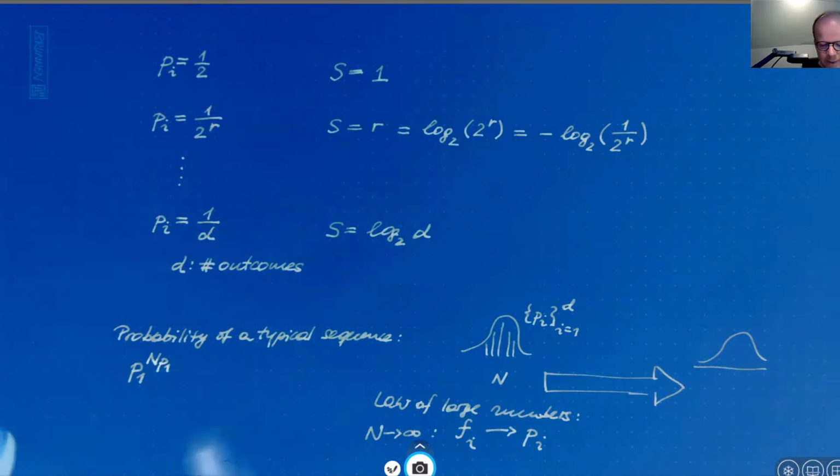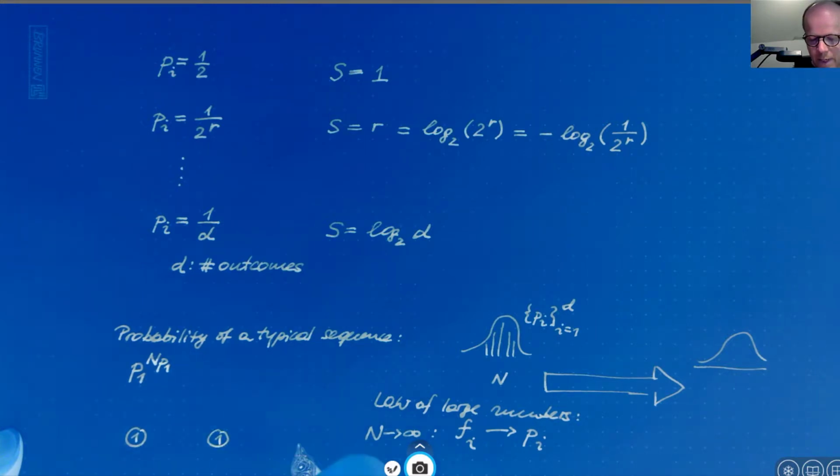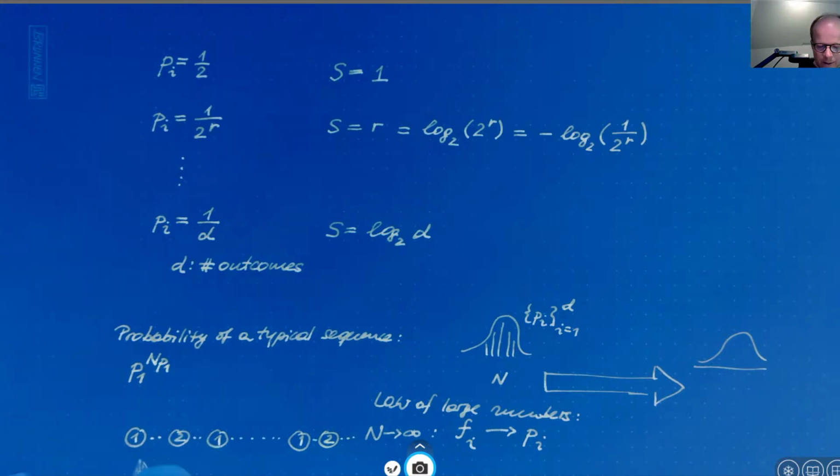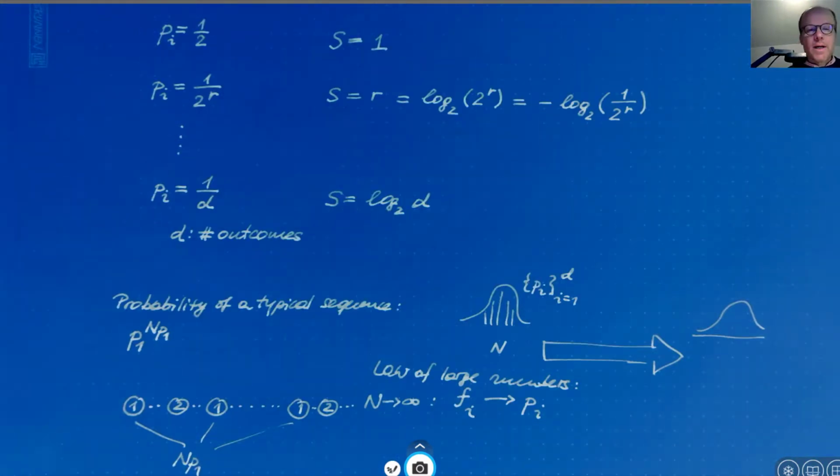So let's say you have a typical sequence where you have outcome 1 occurring in various places, and then you have outcome 2, say, occurring here, and so on. Outcome 1 occurs n P1 times, and outcome 2 occurs n P2 times, and so on.